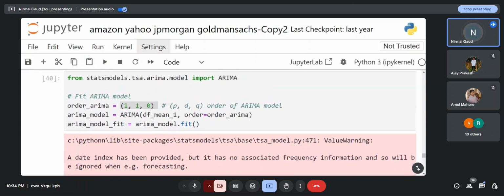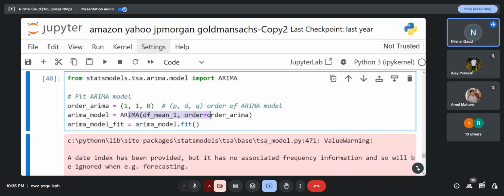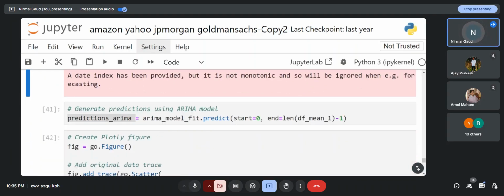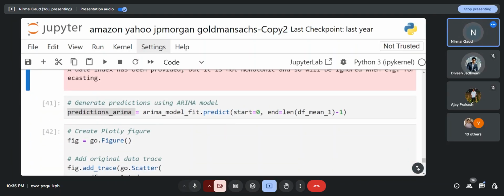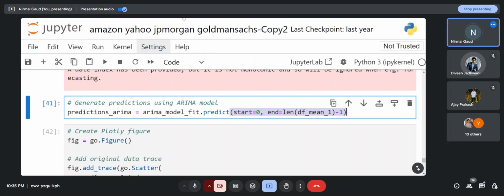What I did in this ARIMA for the prediction, I just gave the order. I trained my model, and to predict, I just gave the start and the end.